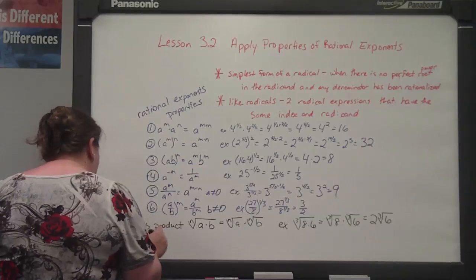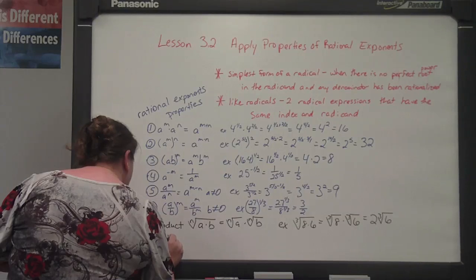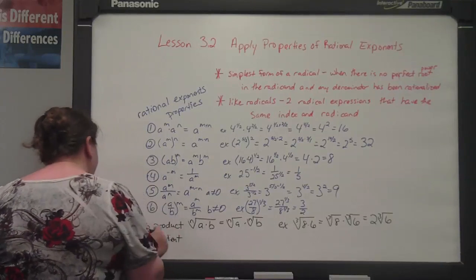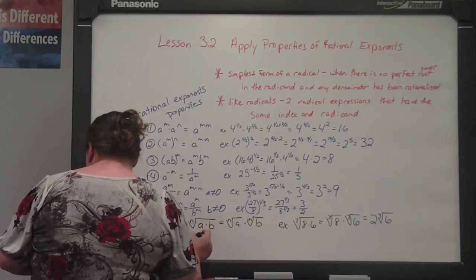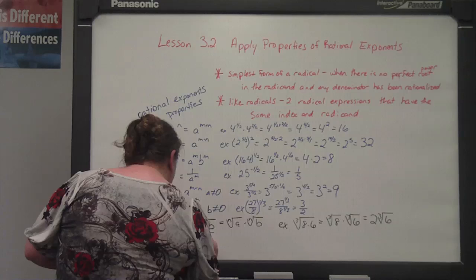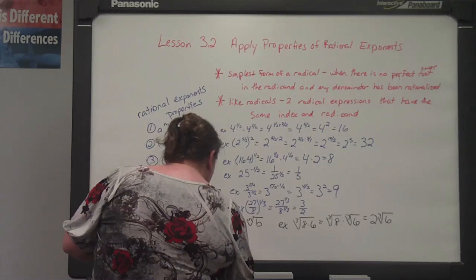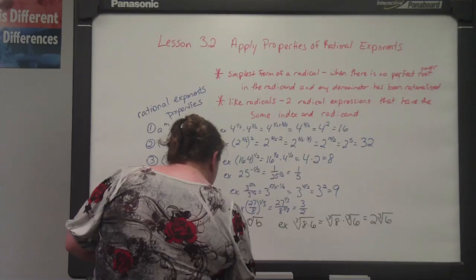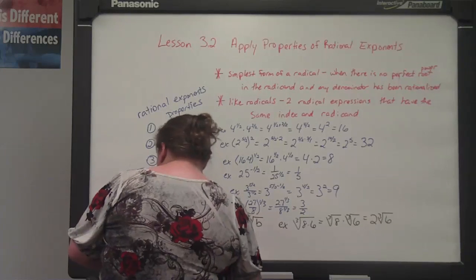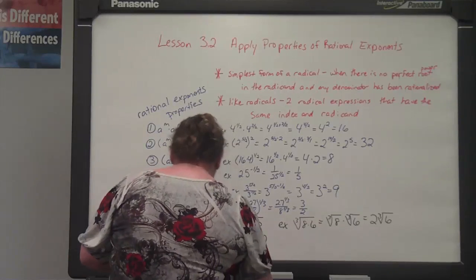And then my last one is the quotient property, and it is the nth root of a over b, which is the nth root of a over the nth root of b when b does not equal 0.